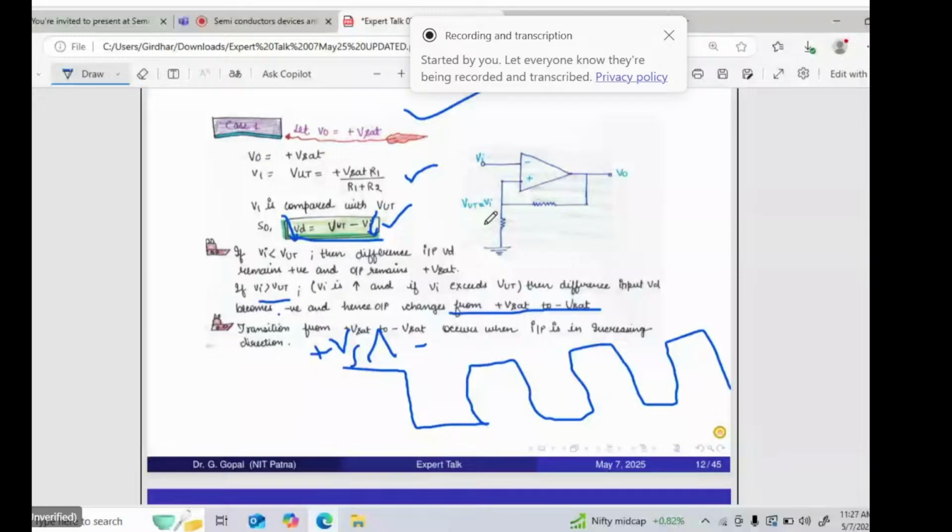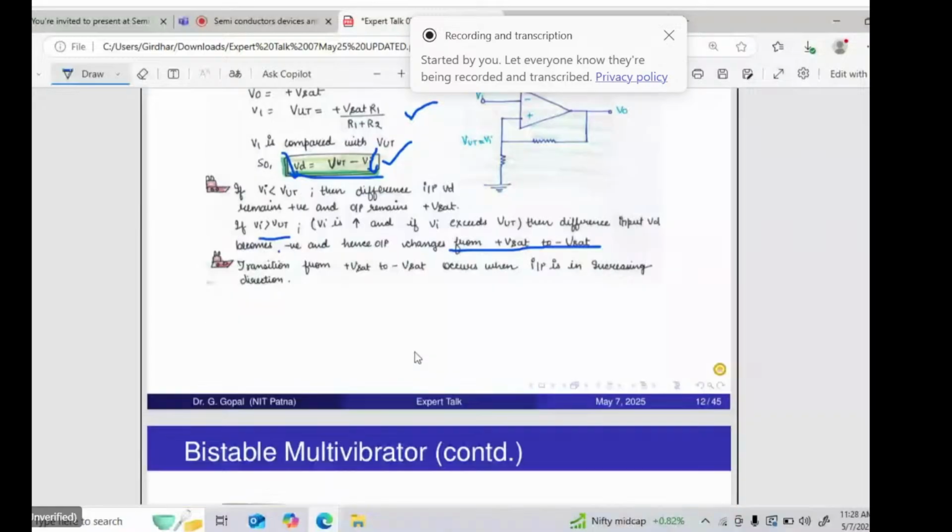So when the input is in the increasing direction, there is a transition from plus V sat to minus V sat. Now come to the second case, when V naught is minus V sat, then V1 is the lower trigger voltage. Now you are comparing this V1 with the lower trigger voltage. So what is Vd here? Vd is the lower trigger voltage minus Vi.